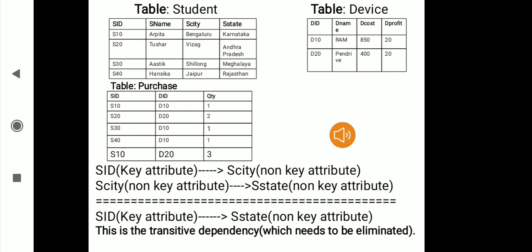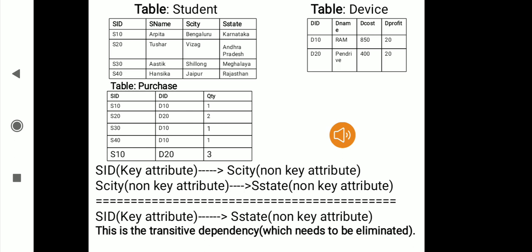Now, check this slide. See the representations. Firstly, SID, a key attribute, determines a non-key attribute SCT. Then the non-key attribute SCT determines another non-key attribute state. As a result, through transitive dependency, SID, the key attribute, determines the non-key attribute state in the table student.